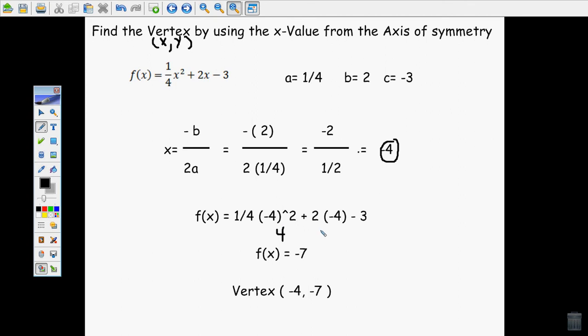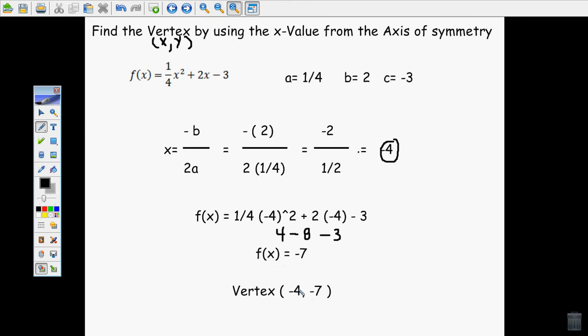And then 2 times negative 4 will be minus 8. And then there was a constant of negative 3 right here. So if you look at this, 4 minus 8 will be a negative 4. And then negative 4 minus 3, that's how they got the negative 7. And that is actually what your y is.